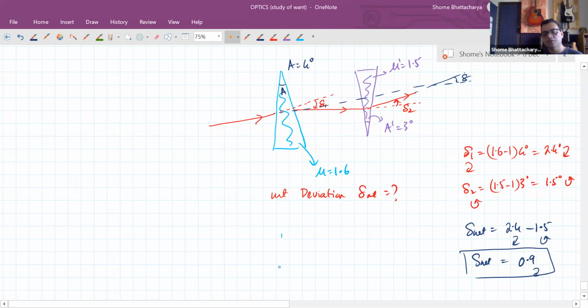So the proper diagram will look more like this. Suppose this ray came like this. Now it bent like this and then bent a little bit like this.